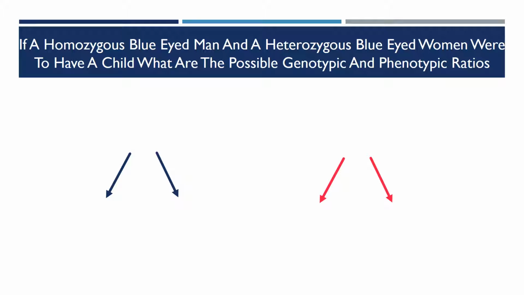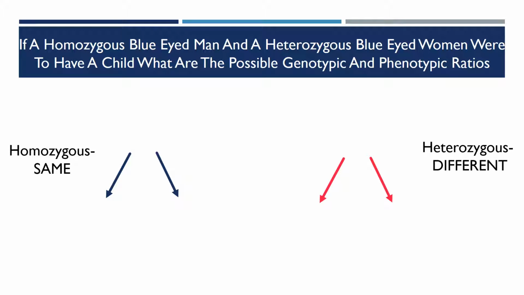So we've been given a really good explanation. So homozygous blue-eyed man and a heterozygous blue-eyed female. So that means that blue-eyed is dominant. So homozygous, same for the male, and heterozygous, different for the female. So we've got big B, big B for the male, and big B, little b for the female.